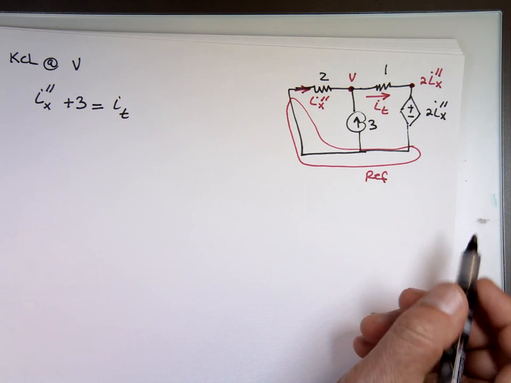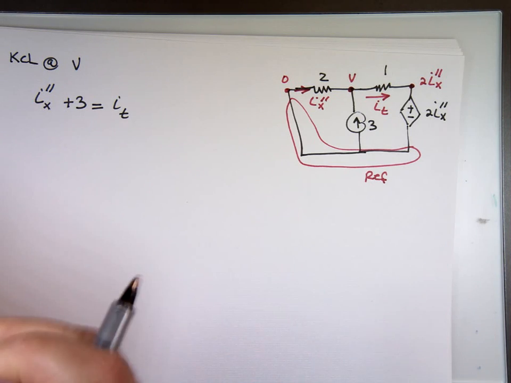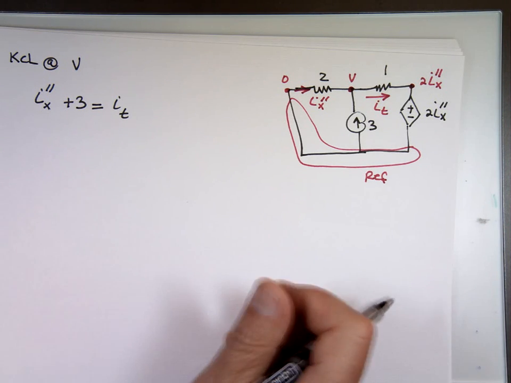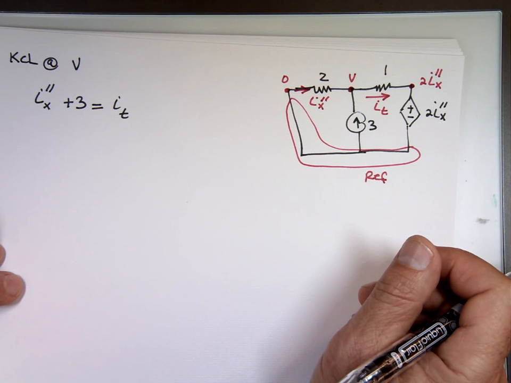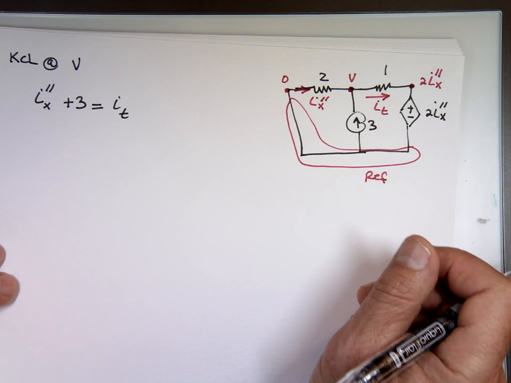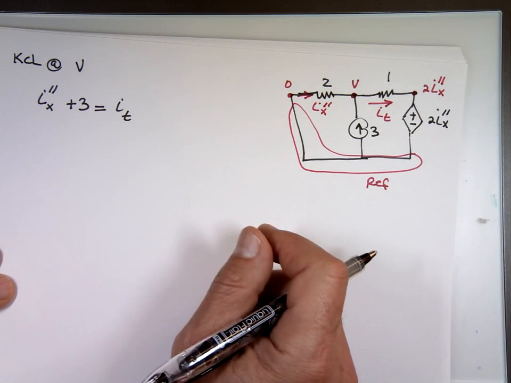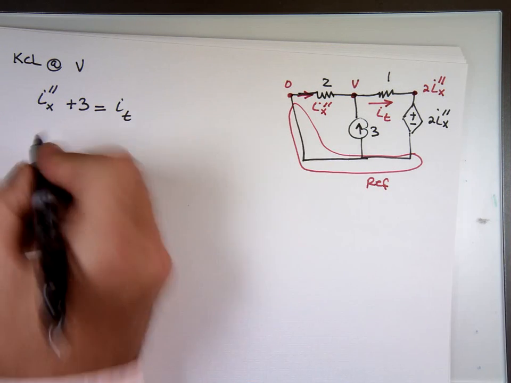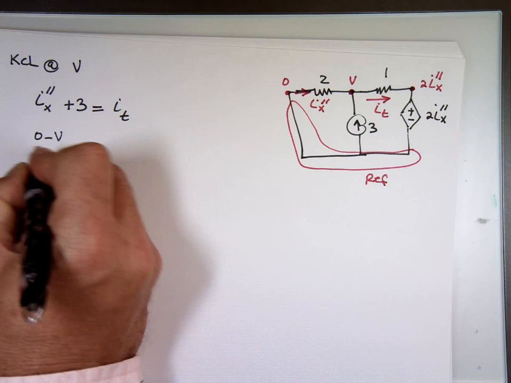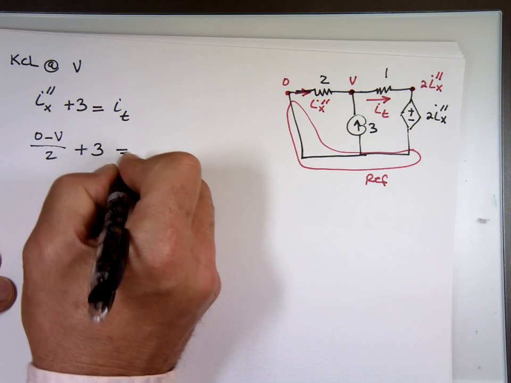Now, reference usually has a value of 0 voltage, right? So let's see what is I sub x double bar. It would be even easier. KVL right there. I'll show you that after. I sub x double bar is going to be what? 0 minus V divided by 2 plus the 3 equals I sub t, which is what? V minus 2 times I sub x divided by 1.